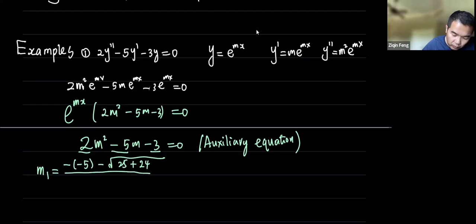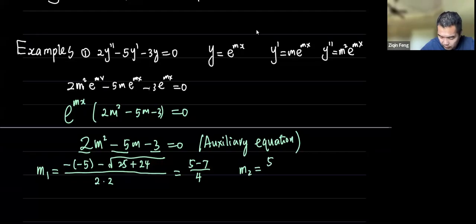This is over 2 times a, which is 2 times 2. So this is 5 minus 7 over 4. And m2 will be 5 plus 7 over 4. So m1 is negative 1 half.